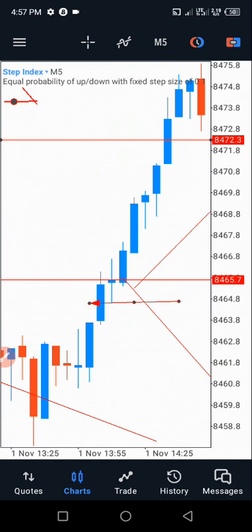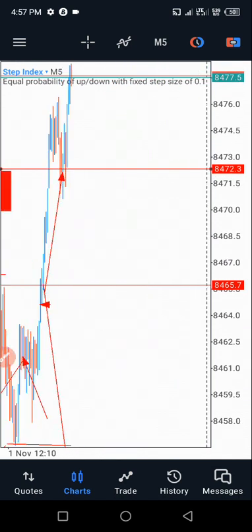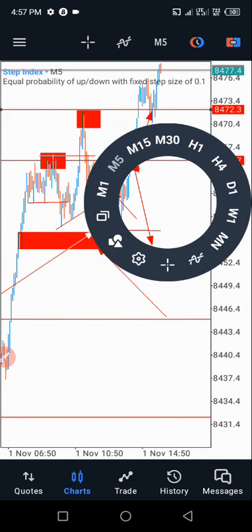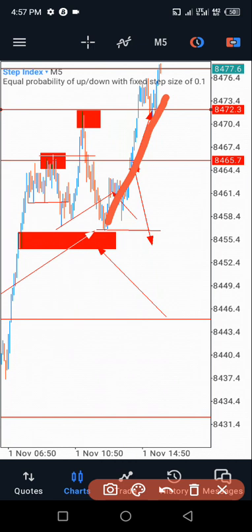That would have been the trigger for my entry, a confirmation for me to take my sell with price coming back to this order block level. But as you can see, the price took out this level, took out my stop loss, and it is currently on a buy now.